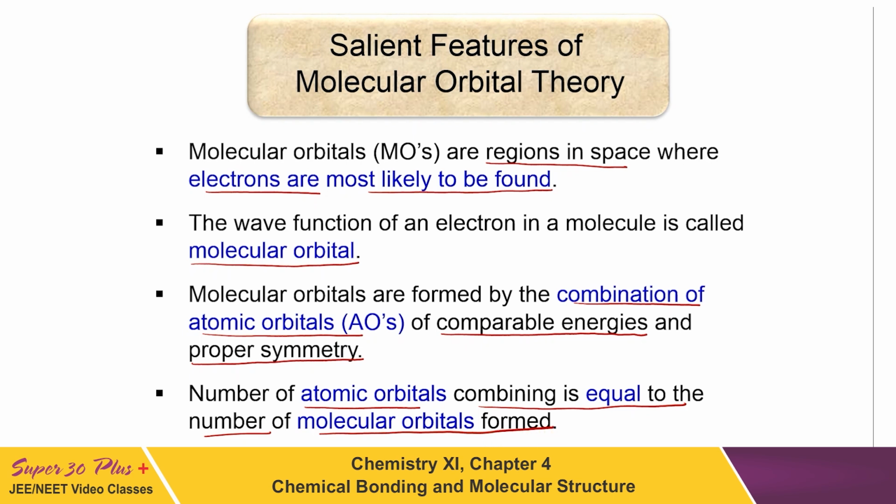So if two AOs combine, two MOs will form. If 4, then 4 MOs will form.